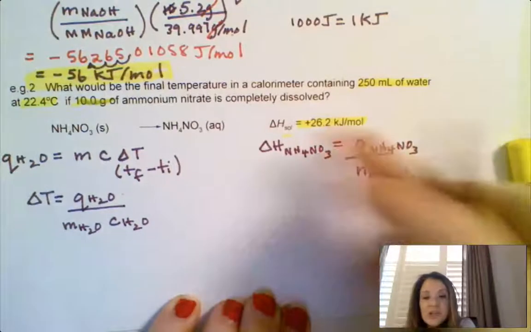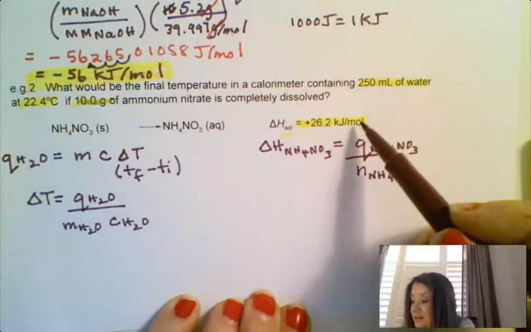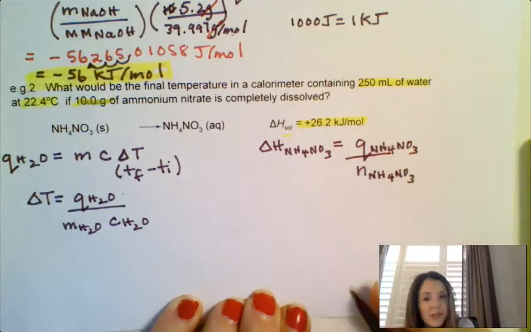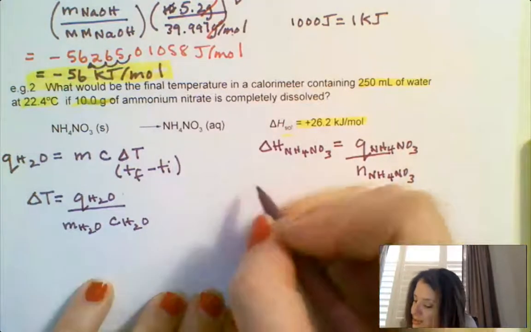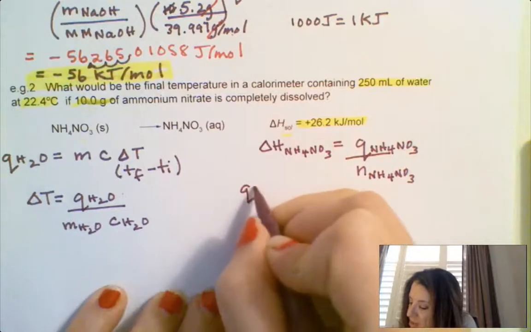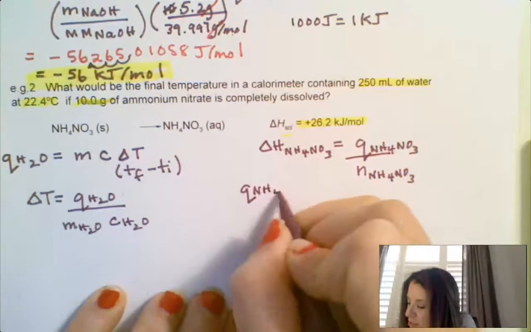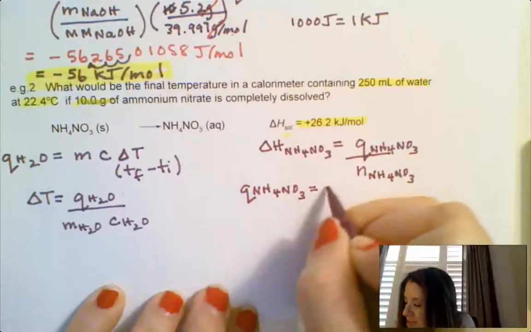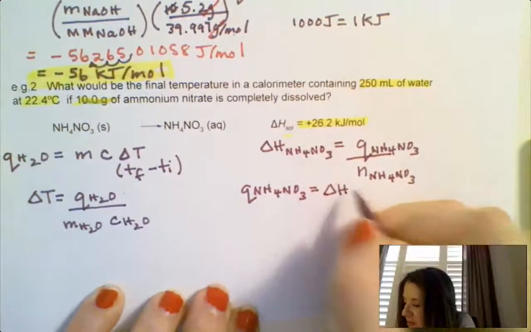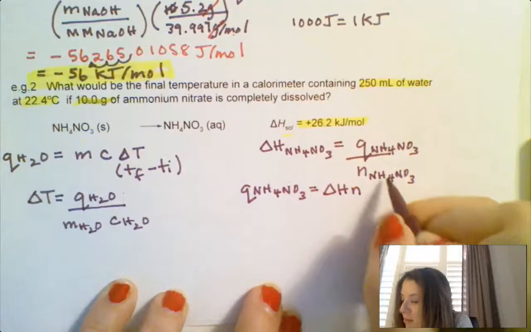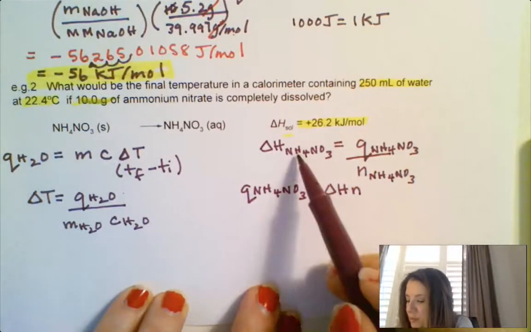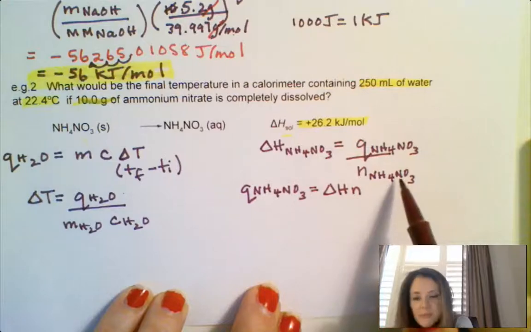I can rearrange this formula because I'm given delta H. I can rearrange this to solve for Q. So let's go ahead and do that. If I want to solve for Q of ammonium nitrate, I want to take delta H multiplied by moles. And again, delta H of the solution for ammonium nitrate times moles.